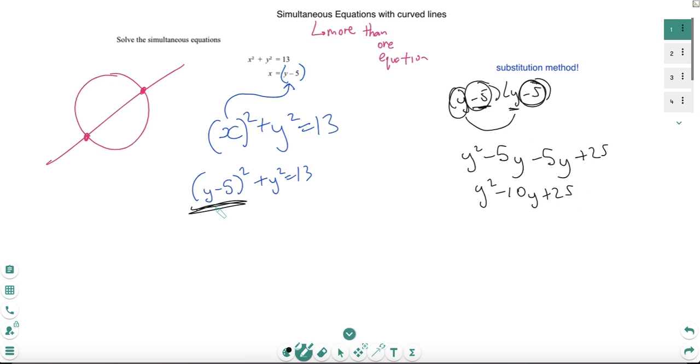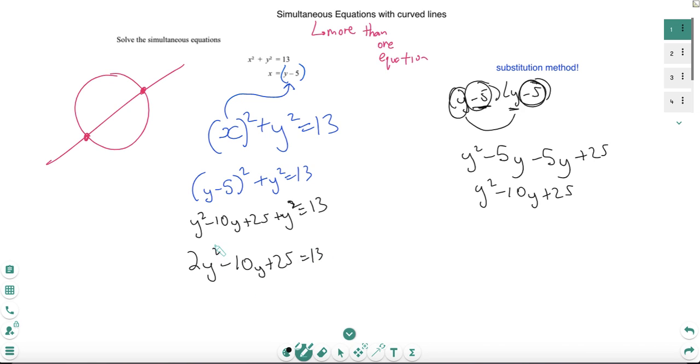So if we expand y minus 5 squared, it'll be y squared minus 10y plus 25 plus y squared equals 13. Next, we can combine the like terms again. y squared plus y squared is 2y squared, minus 10y plus 25 equals 13.